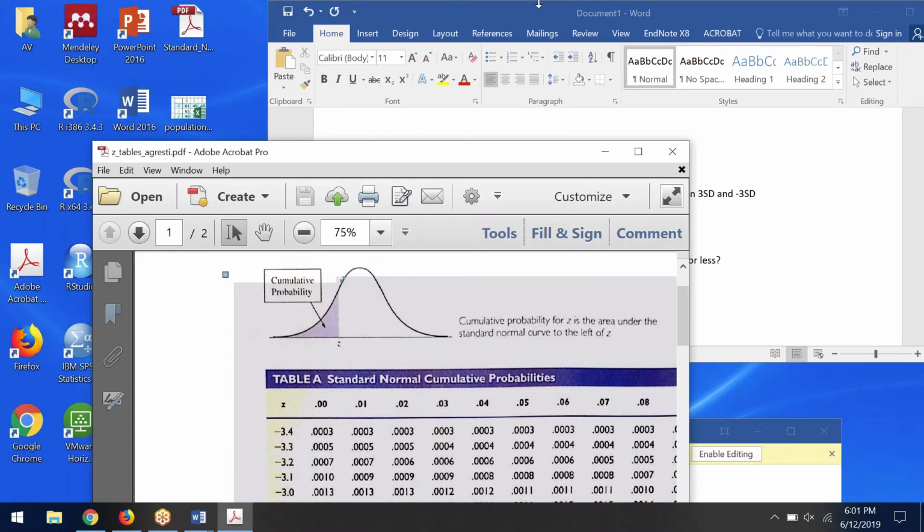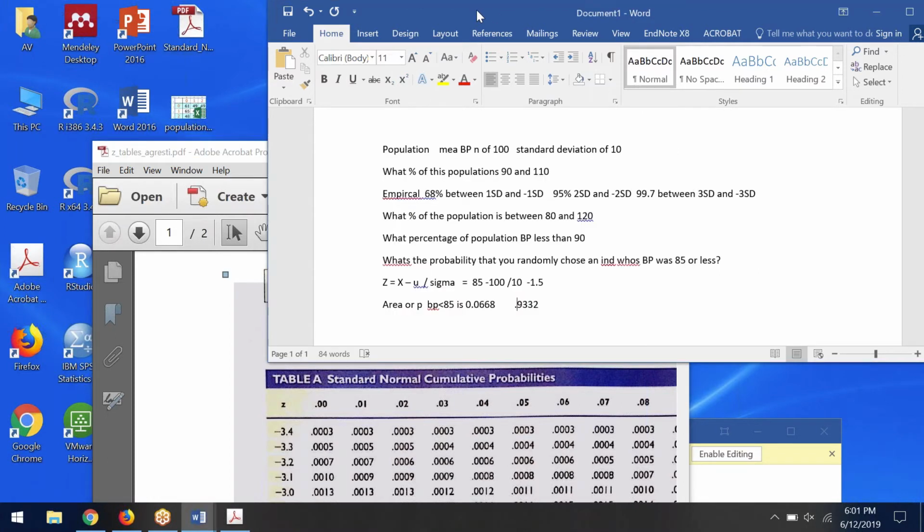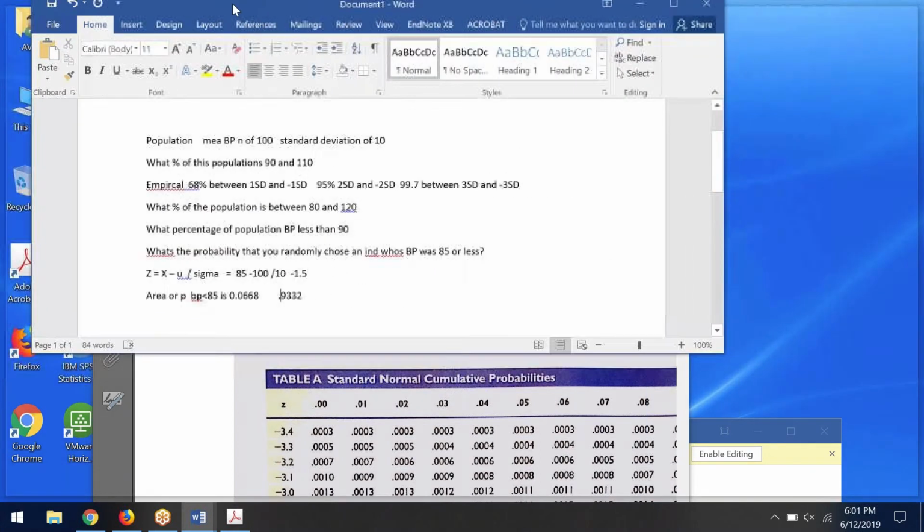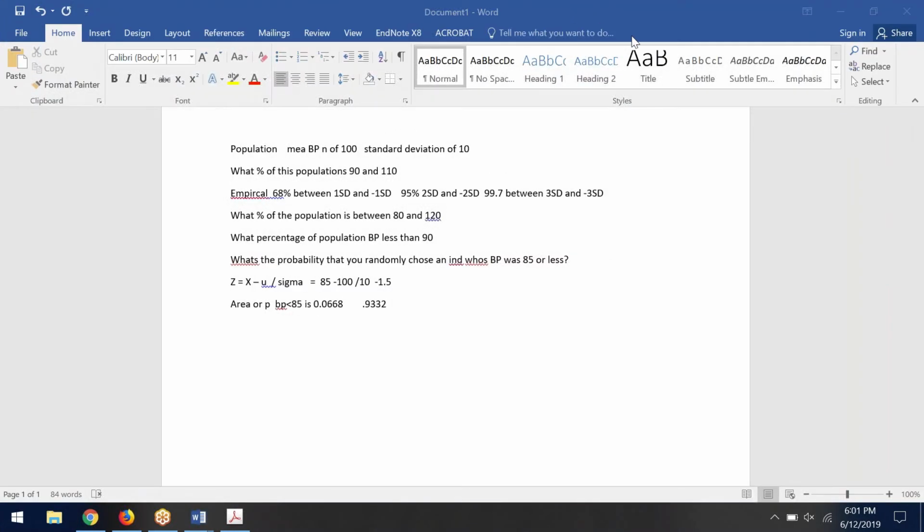Okay, so I'm going to go back to our document that we had originally, if I can find it with this silly computer. Okay, where's the window? Let me see if I can move things around here.